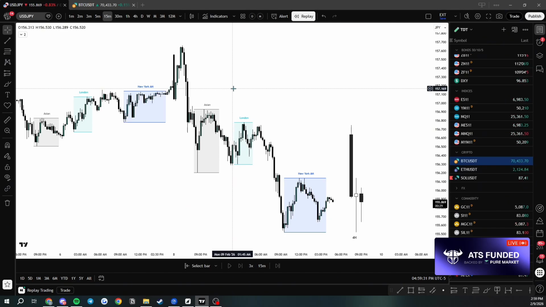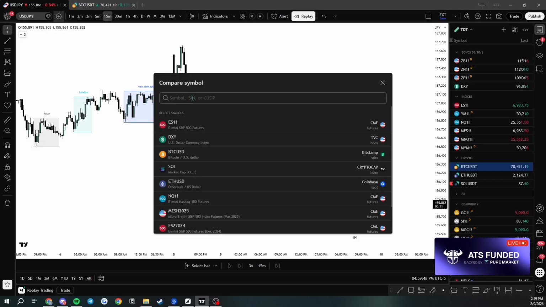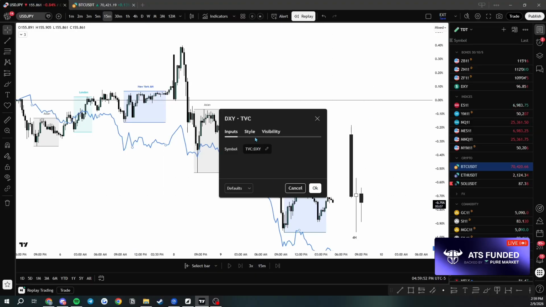I think we would probably be using the dollar index. So when I'm looking for SMT using USD JPY, I'm going to be using the dollar to find SMT.